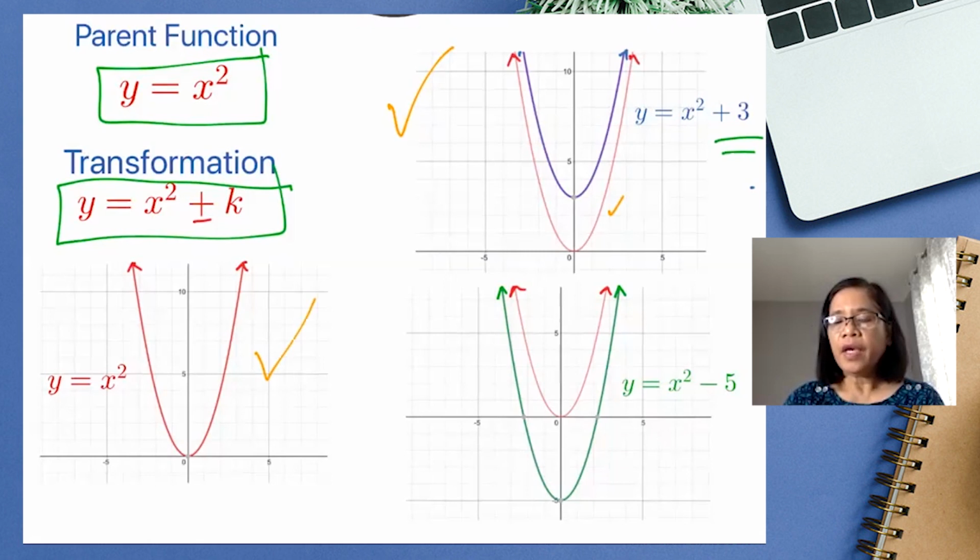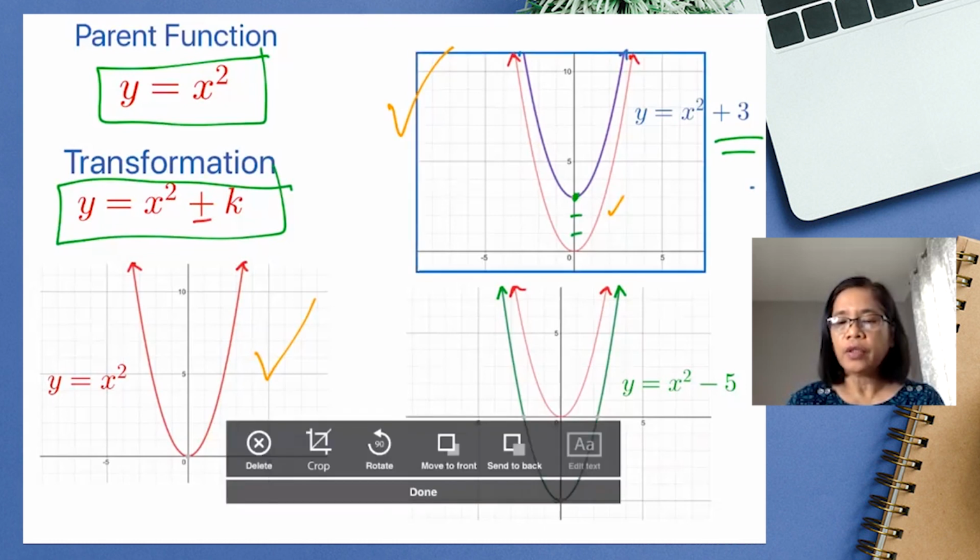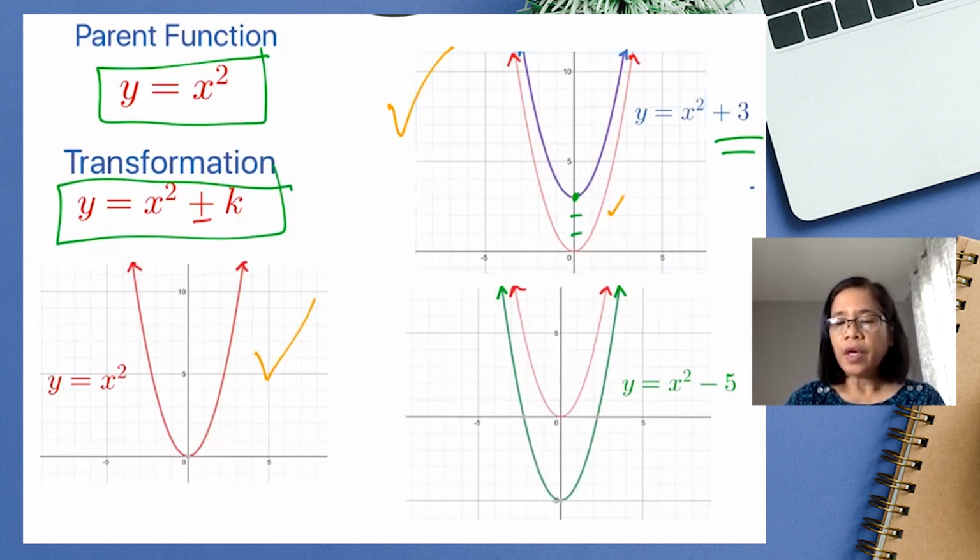So the value of k here, when you look at this blue graph, or the purple graph, this graph is the original graph moved k units up, 1, 2, 3. Each point on the graph will be moved 3 units up. So the k here displaces or moves the graph k units up or down. So it's a vertical shift.